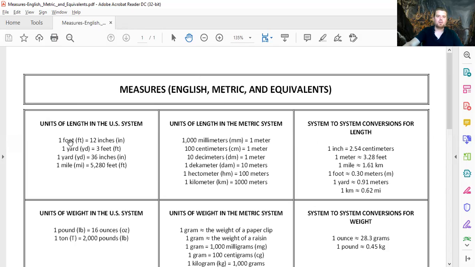So it'll tell you here, a foot is 12 inches, a yard is 3 feet, et cetera, et cetera. So all of these unit conversions, I'll briefly mention them on the whiteboard, but all of those conversions are there if you need them. For my class, of course, you're allowed to use your notes, so you're welcome to go back and access this document if you need to.